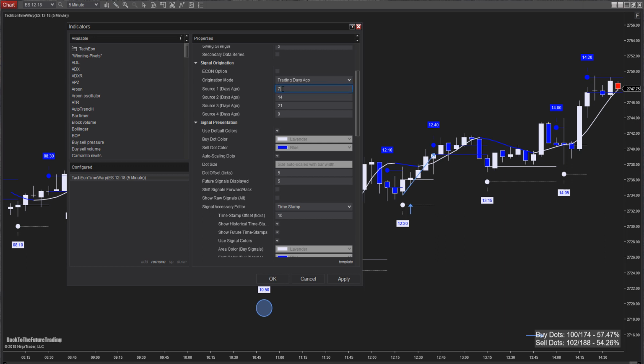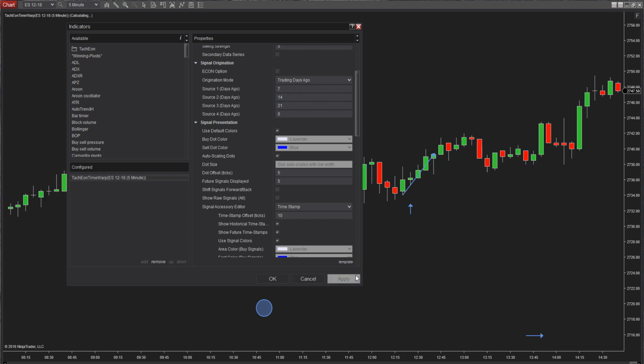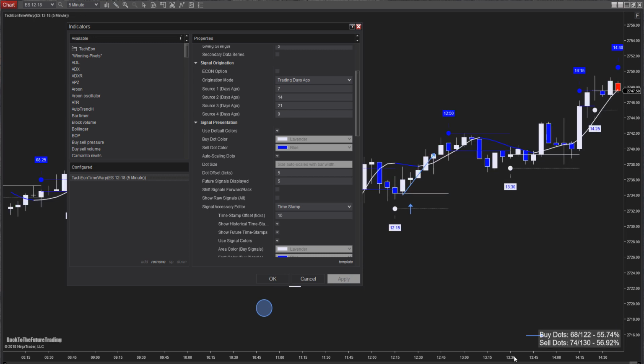So again, just realize what it's telling us. But we can test, are those signals viable? Do those signals make any difference? If we just look back the same number of days, but look back trading days instead of calendar days, we can see, does it benefit us or does it not? Again, you can make that decision for yourself based on what your outputs and what your scores are and the way that you're going to use it.